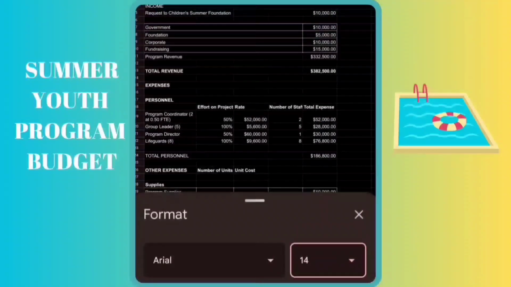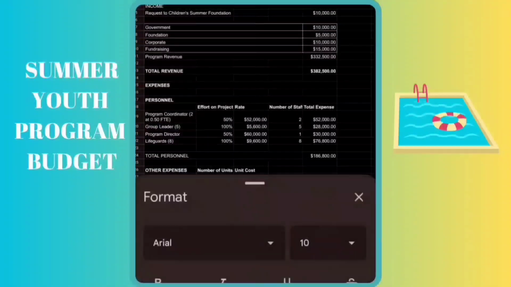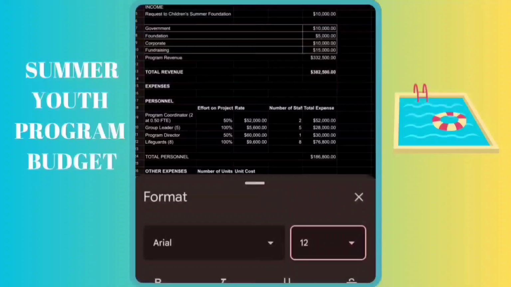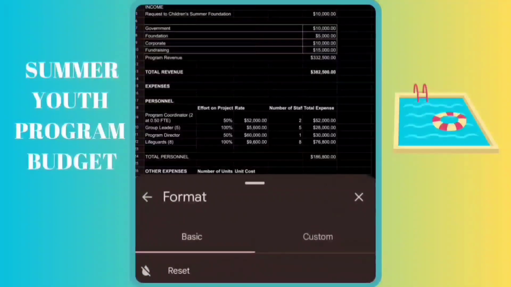Making some of the headings larger. Such as the revenue and expenses.